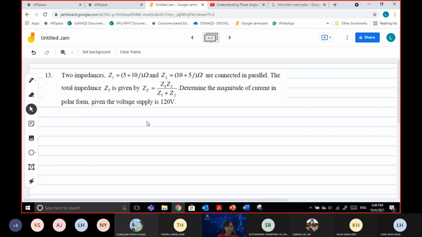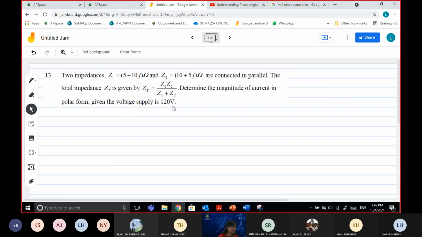So just now we have two, right? So now ZT is referring to the total. So total is combined as Z1 Z2 divided by Z1 plus Z2. So determine the magnitude of the current in polar form. Given the voltage supply is 120 volt.